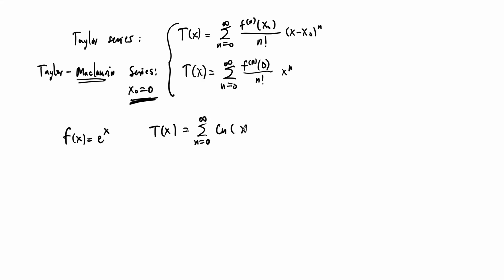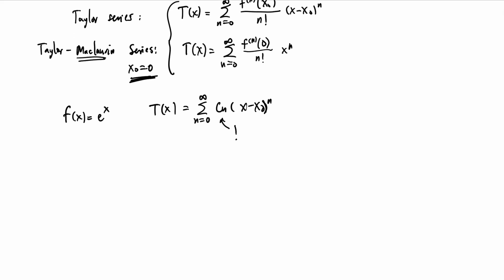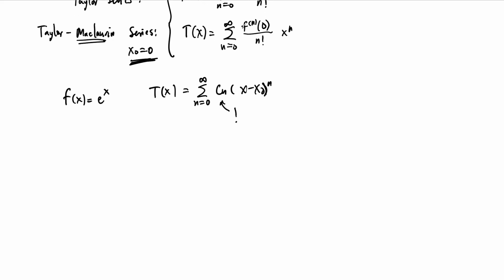So I'm just going to rewrite this like this: c sub n, this is our job. If we can identify these coefficients, we will know the series. And we know that for the Taylor-Maclaurin series, the coefficients are given by this formula: c sub n is the nth derivative at 0 over n factorial.